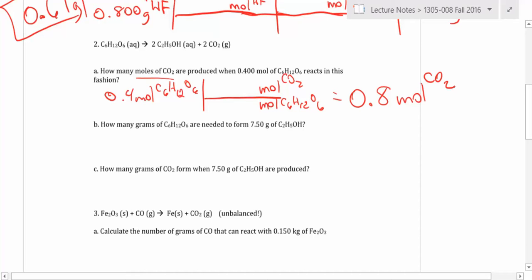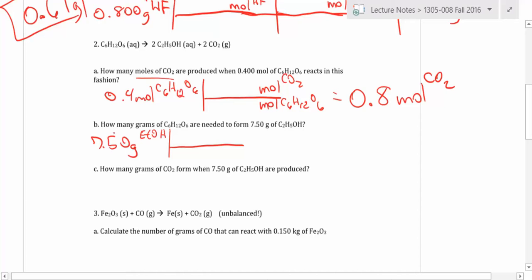Okay, how many grams of glucose are needed to form 7.5 grams of methanol? So 7.50 grams of ethanol.